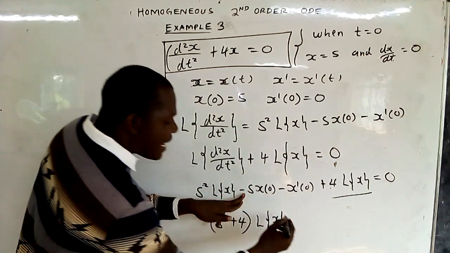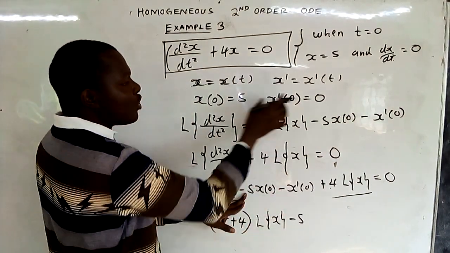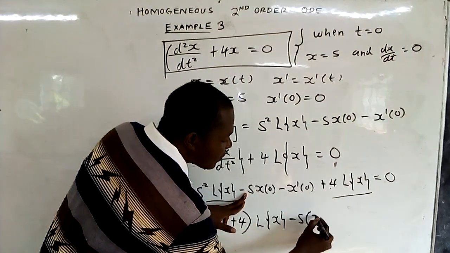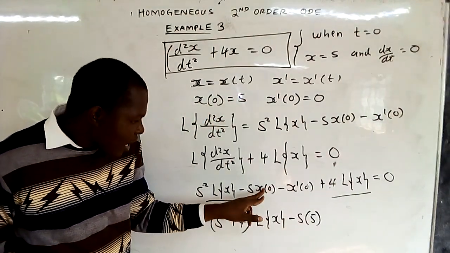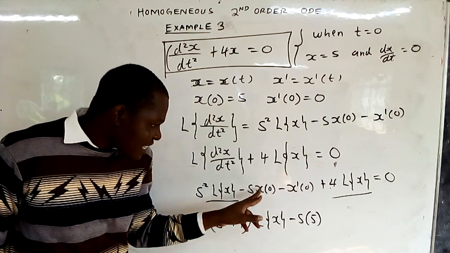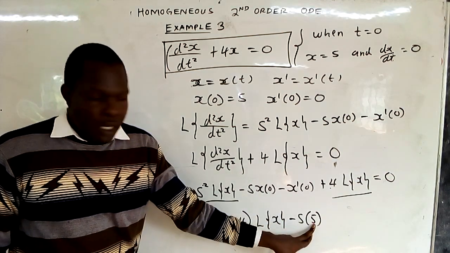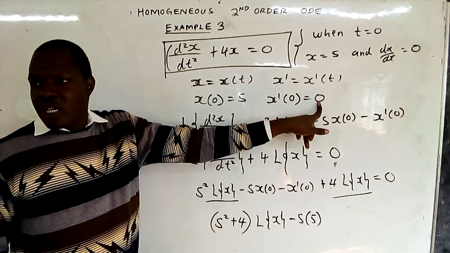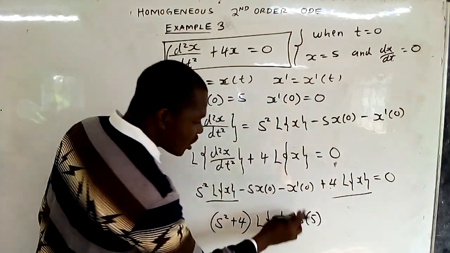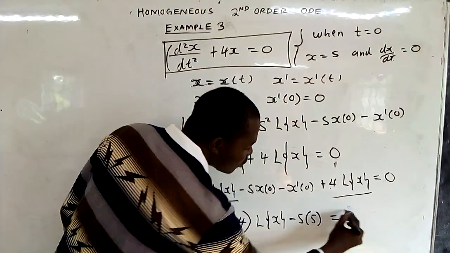Then you see minus s with x of 0. X of 0 is what? X of 0 is 5. So where you have x of 0, you put 5. So it is minus s into 5. Then it is minus x prime of 0. X prime of 0 is 0. So it is minus 0, which is equal to 0.